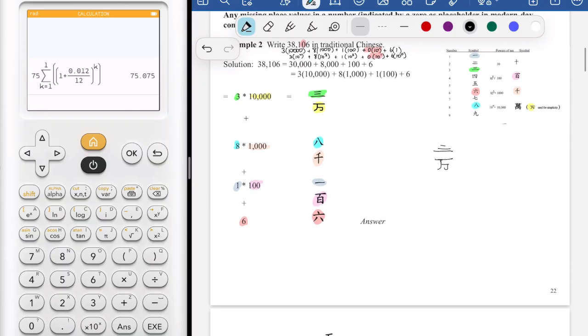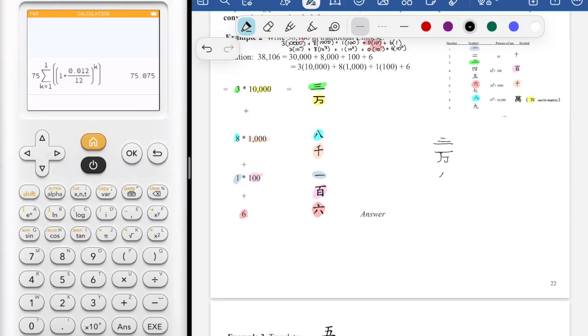All right, so I have the 30,000. I have the 8,000, so I have 38,000. I have the 100. All right.